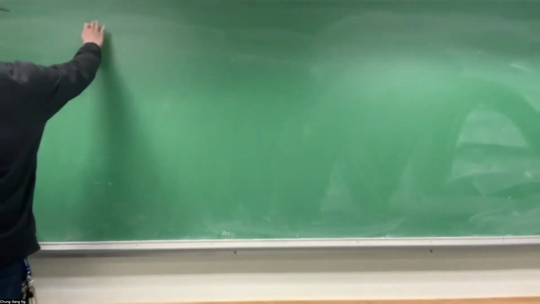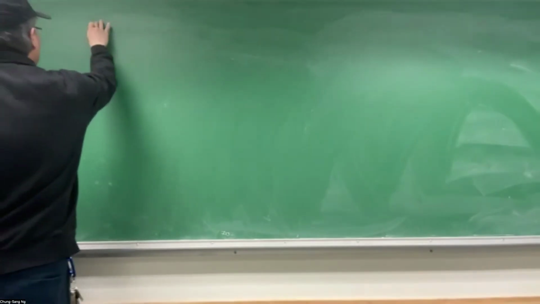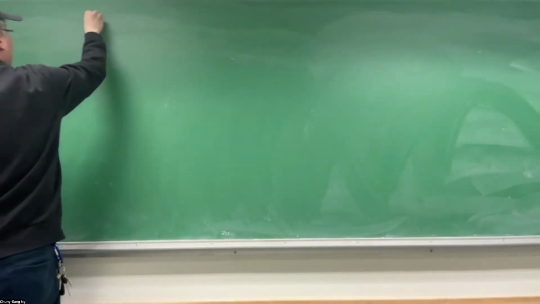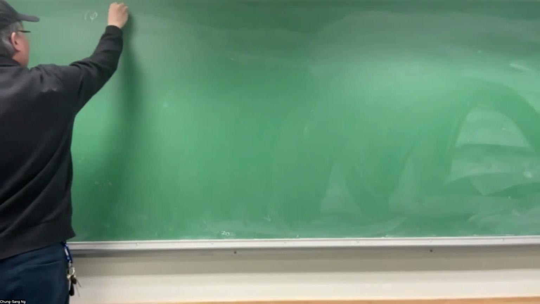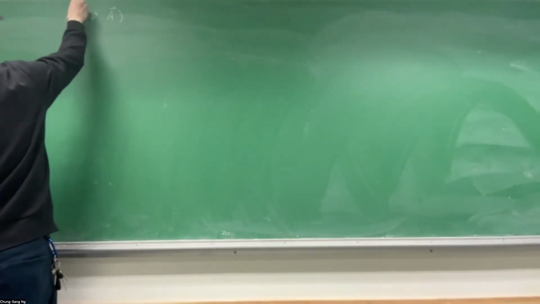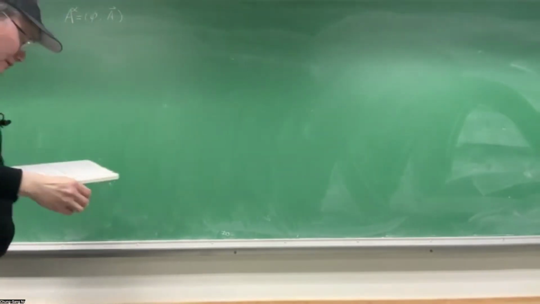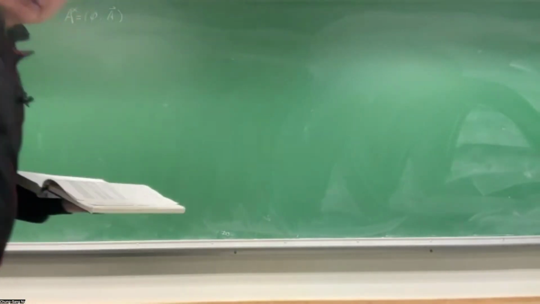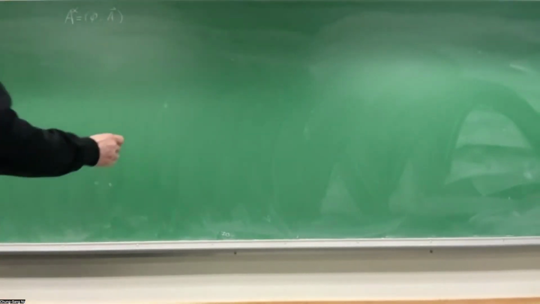tensor. Basically, because we already established that the electric potential phi and A form what we call the potential four vector, right? Okay, yeah.